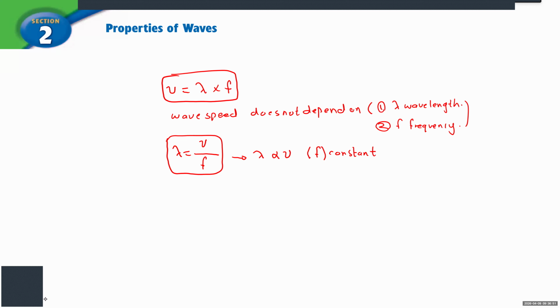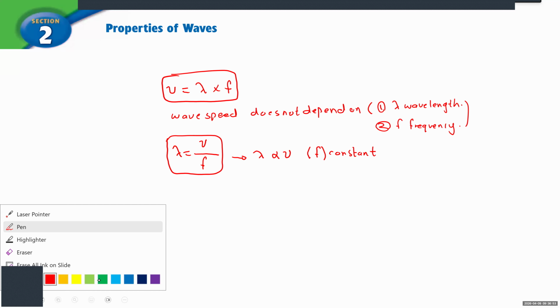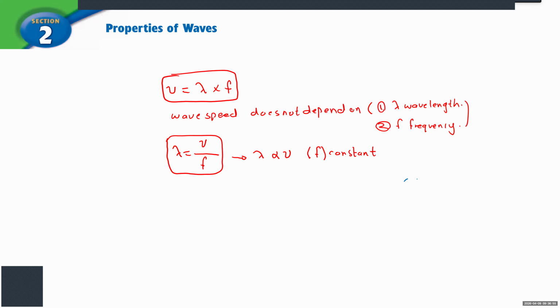This relation applies when the wave passes through two different medium, from air into water. For example, when a sound wave moves from air into water, the wave speed of the sound in the air is less, and lambda also is less.